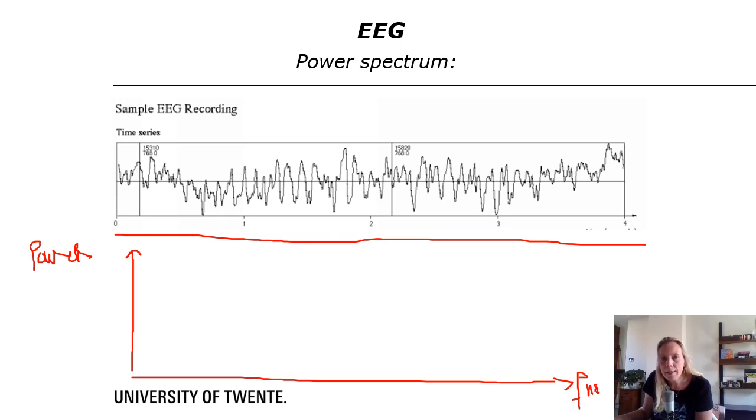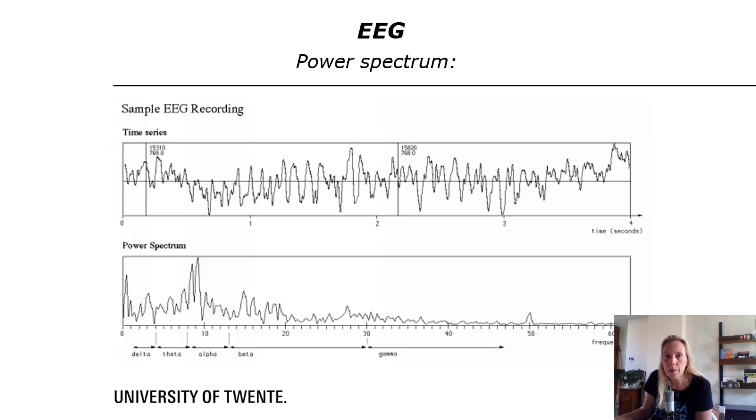Then what you see is that the lower frequencies always have a higher amplitude. Maybe you see that here. The lower frequencies have a higher amplitude in general, and the higher frequencies have a lower amplitude. So this is the general, ideal picture of the power spectrum. If we look at it in reality, you see a little bit this line that I described here, but you also see a peak here around, let's say, 8 hertz.